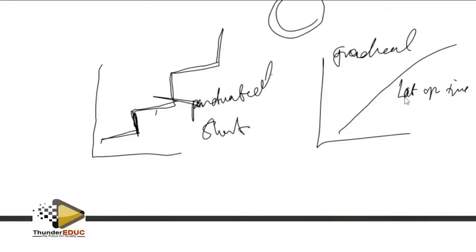And in most cases, punctuated equilibrium is caused as a result of mutation, while this one is caused as a result of natural selection. Here, mutation. Why? Because you just wake up in the morning and you have something different which you didn't have before. Mutation maybe occurred. So that is punctuated equilibrium, or the other side is gradualism.